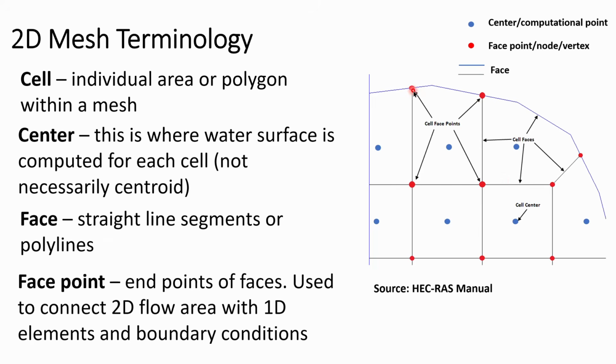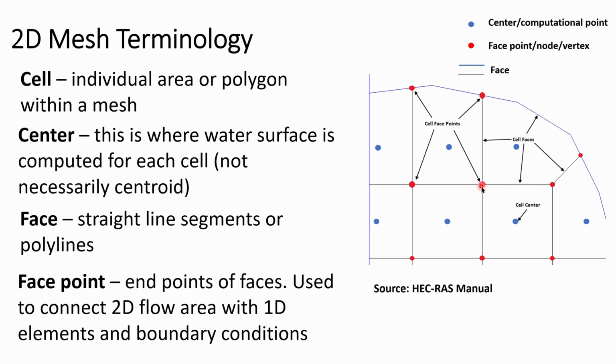Then we have face. Faces are the boundaries of our polygons. They can be a straight line segment, which is what you see here, or they can be a polyline, not necessarily a straight line, so a combination of multiple segments. And then finally, we have the face point, which is what you see here as red circles. These are the vertices of our cells, and they are called face points or end points or nodes.